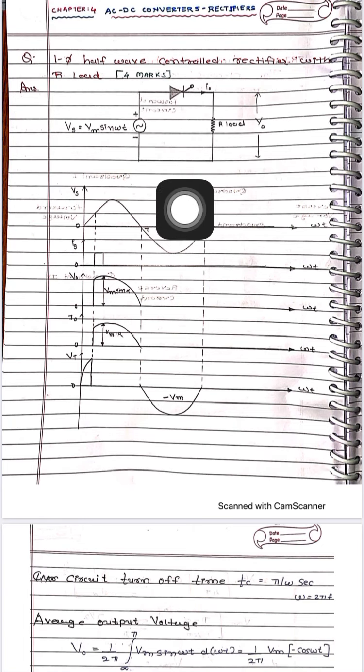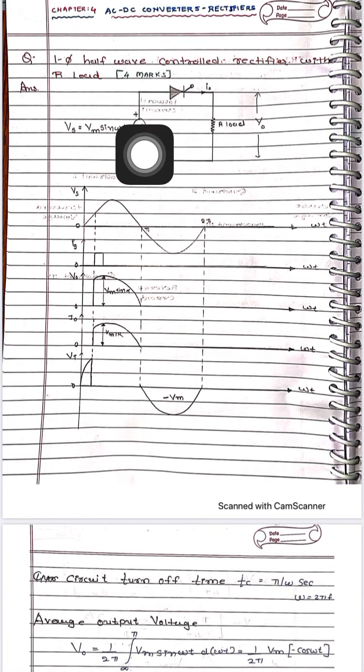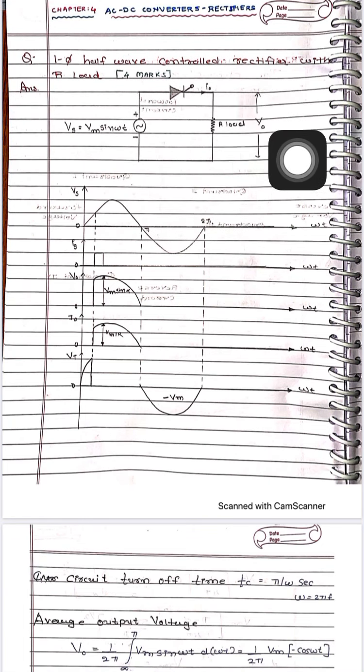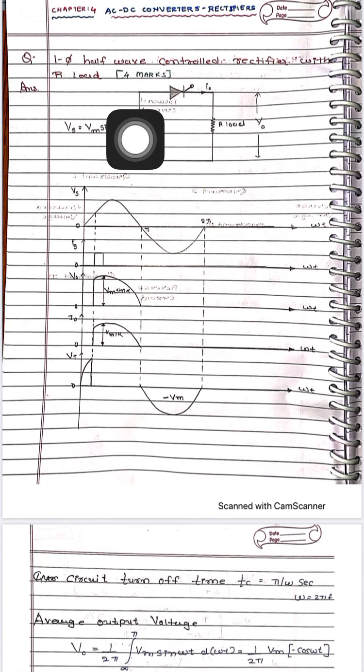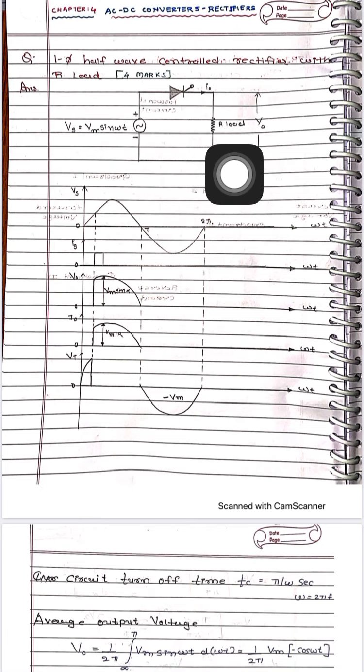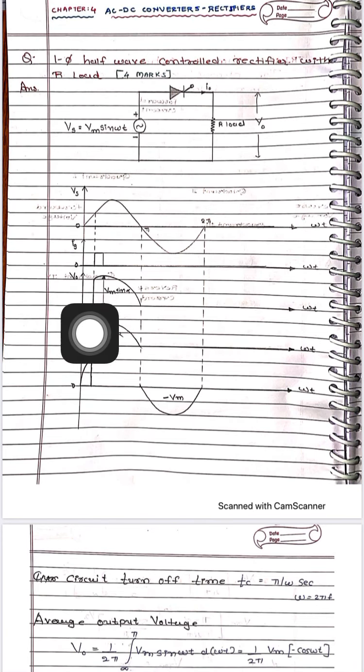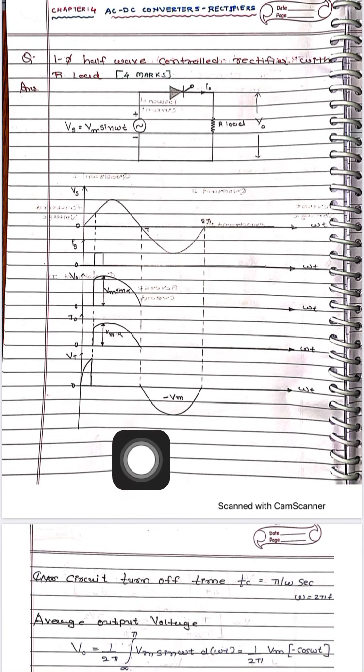During the other half cycle we get 0 output, the load is off at that time, and the voltage appearing across the load will be 0. That can be understood from the waveform.